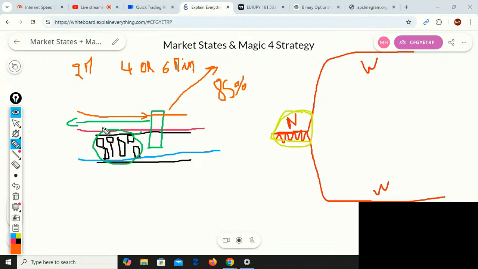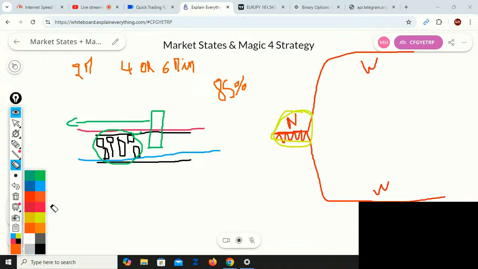Now your second situation to take a buy, your second candlestick pattern to take a buy trade, is a pin bar or a hammer. Some people call it a hammer. So you should see something like this: a long tail and a small body at the top.